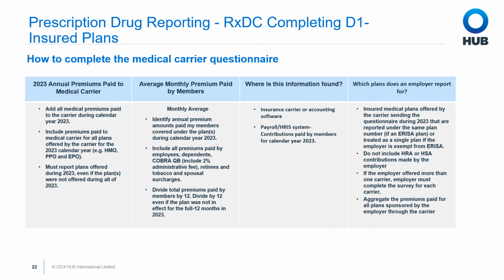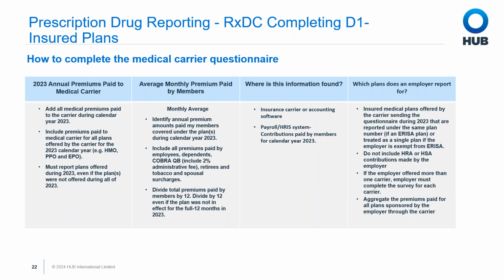Now, how do you calculate the average monthly premiums paid by members? As I noted earlier, the definition of member includes all belly buttons, and we're looking at the premiums. You're first going to identify the total annual premiums paid to the carrier, and then assess, of those total premiums paid in 2023, which portion was paid for by members.